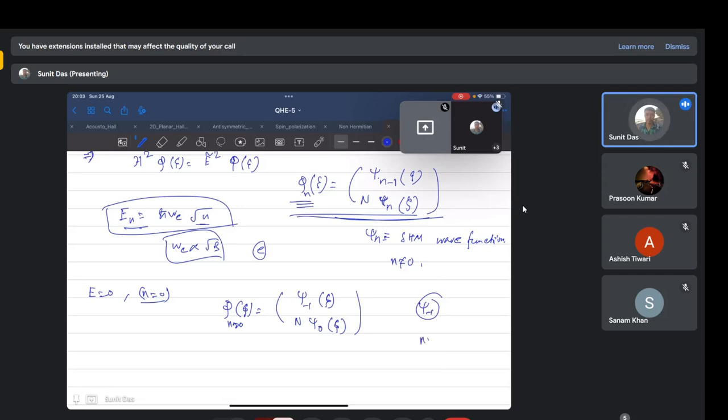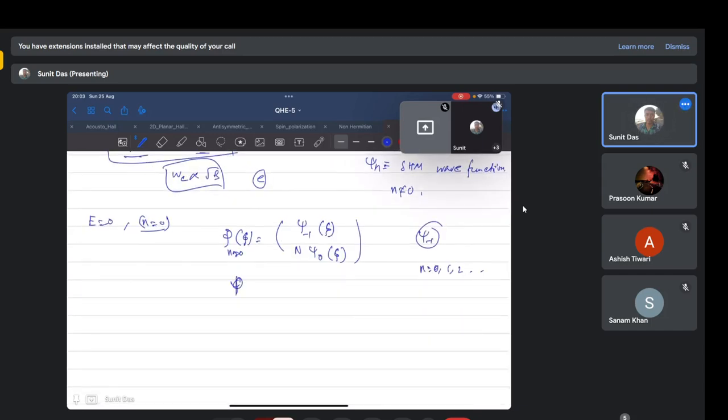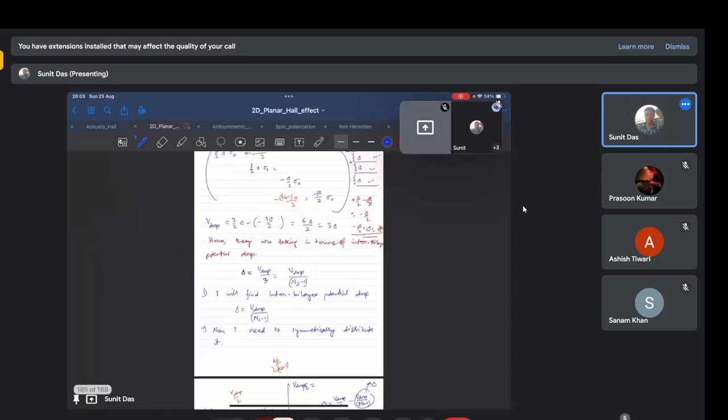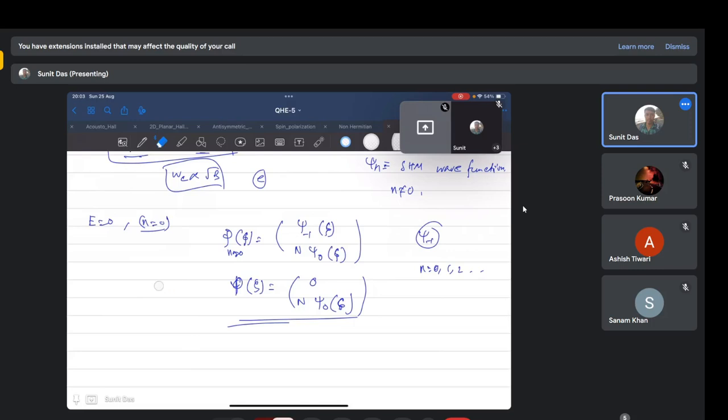You had n equal to 0, 1, 2 and so on. So by definition, you have to take phi of xi, for 0, some normalization constant psi 0 of xi. So this is the new wave function you need to take for the zeroth Landau level, or for the n equal to 0 state.